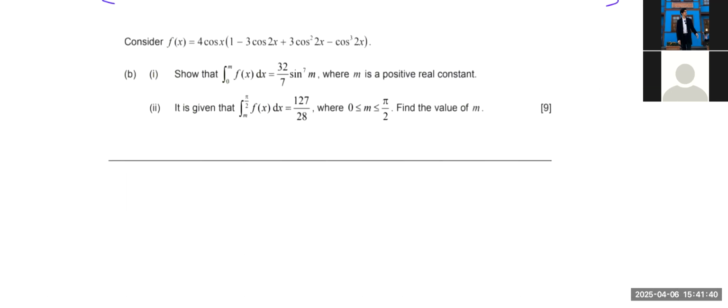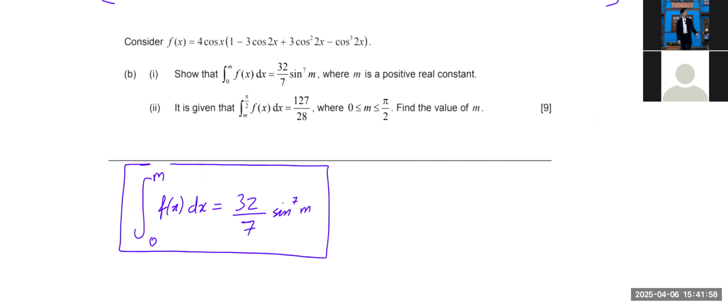Okay, so we have so far found out that if you integrate the function from 0 to m, whatever the function is, I don't want to write down the whole thing, but when you integrate it, you get this. This is what we know from the first part. Now, here is the trick to the second question.